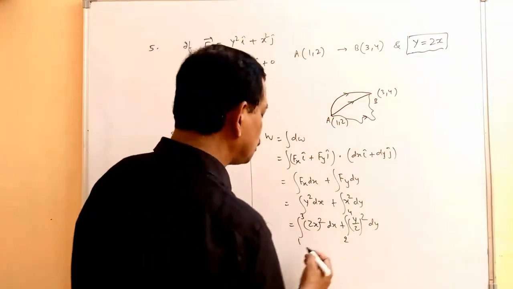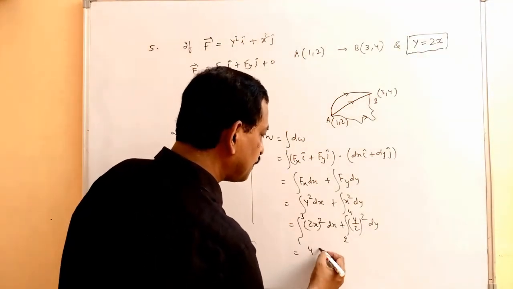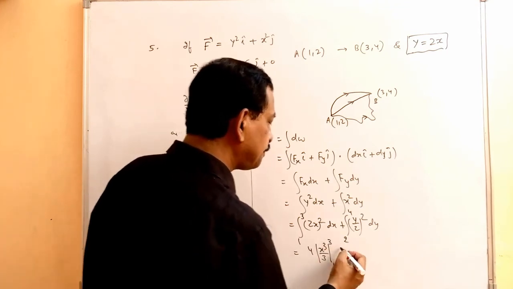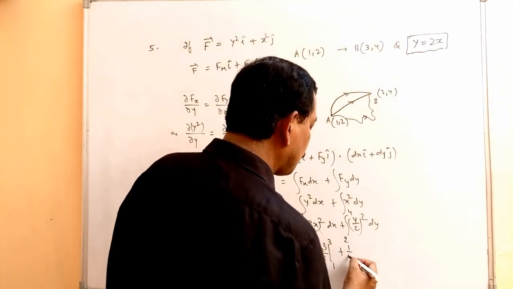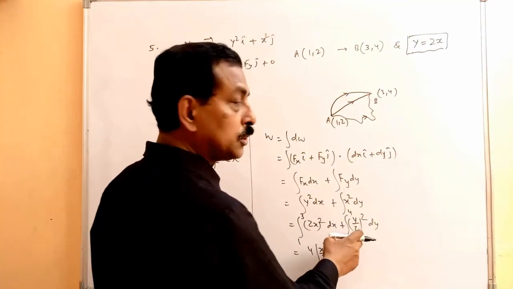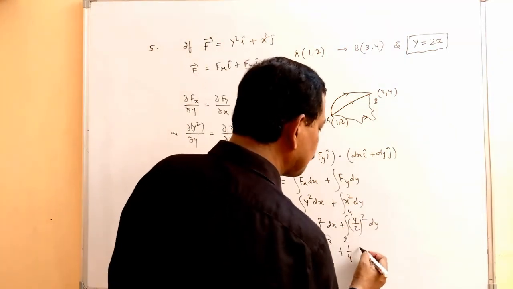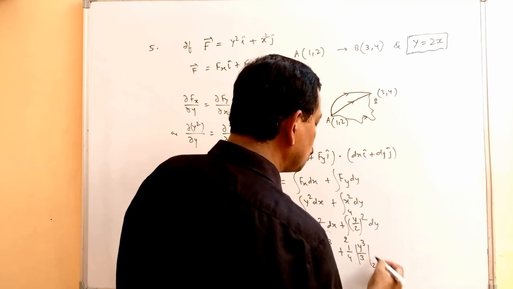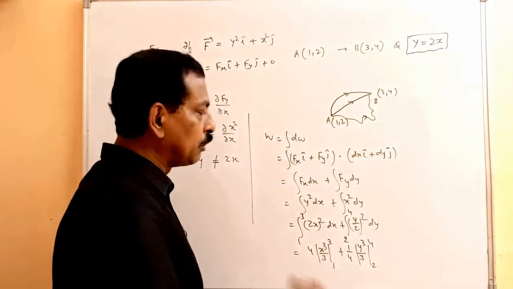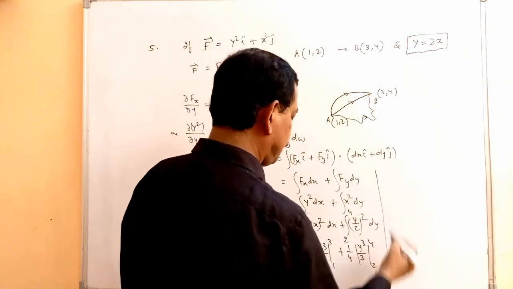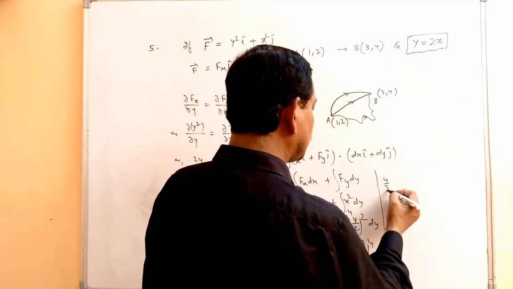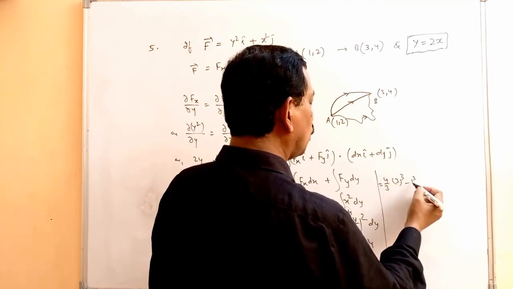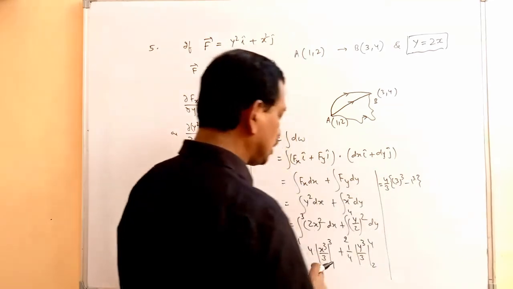So this one will be equal to 4x cubed by 3, from 1 to 3, plus 1 by 4, because it is y by 2 whole square there, and the integral of y square dy is y cubed by 3, from 2 to 4. Now if you just put the limits there, it is 4 by 3 times 3 cube minus 1 cube for the first term.